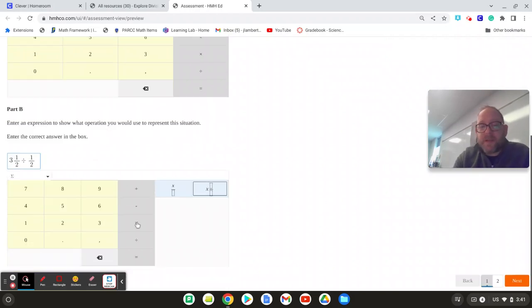So there are the first 2 answers there. Hope you did okay on those. Remember, just get those numbers set up. Make your mixed number into an improper fraction, so you've got it in fraction form, and then use keep, change, flip, multiply that by the inverse of the second number, and you've got your answer.